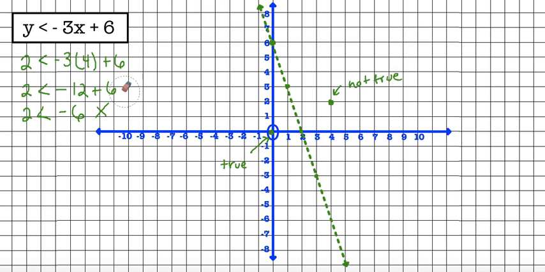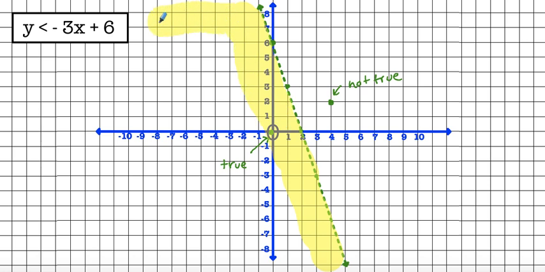So because that's not true, we know that we have to shade this section down here. So we're going to highlight underneath this line over here to the left of it.